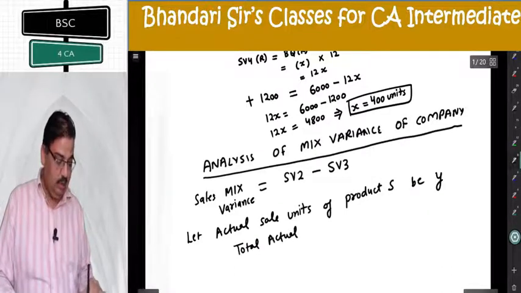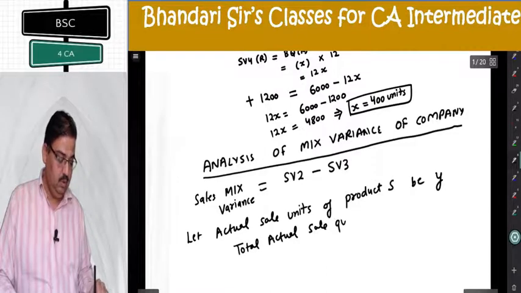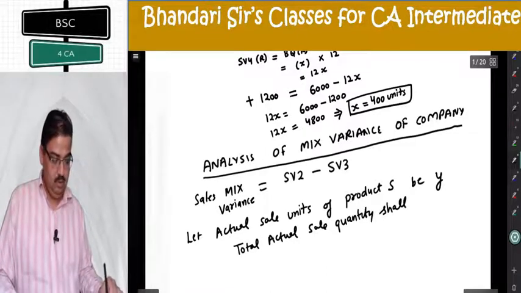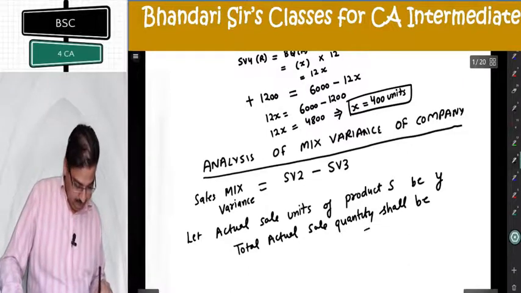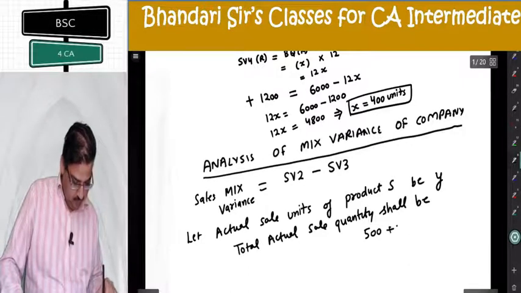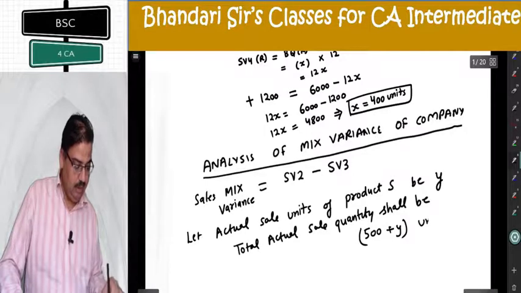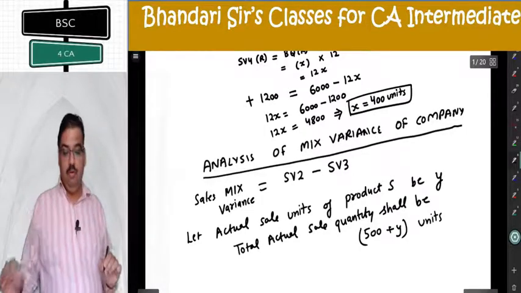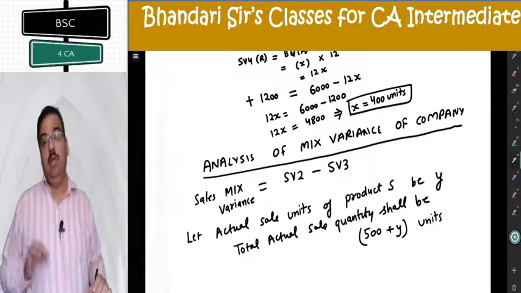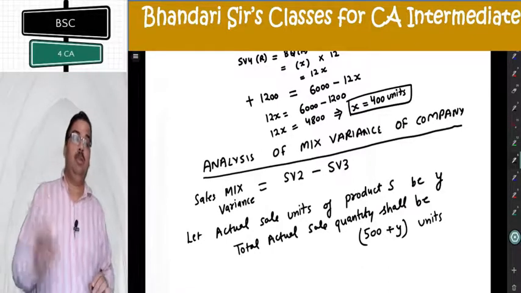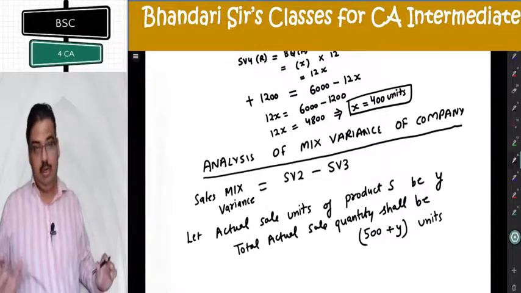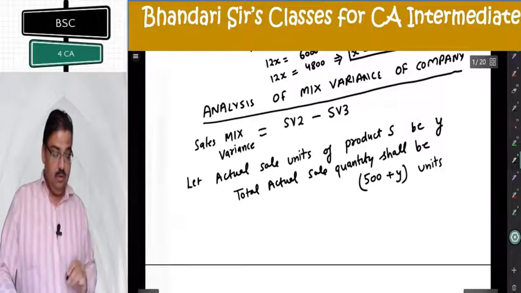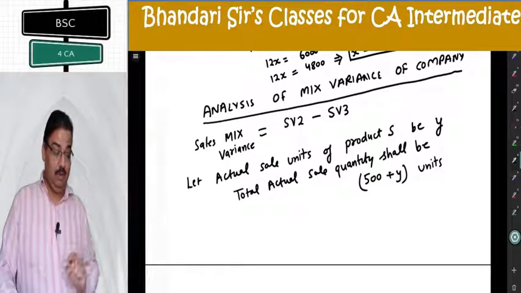Total actual sale quantity shall be 500 plus Y units. 500 units of R and Y units of S. Total actual sale quantity 500 plus Y. This is first substep for SV3.